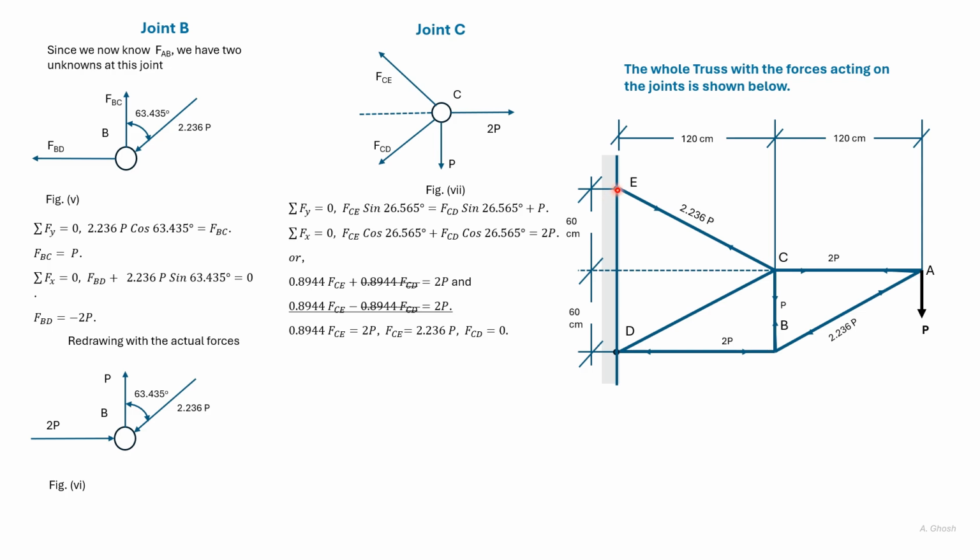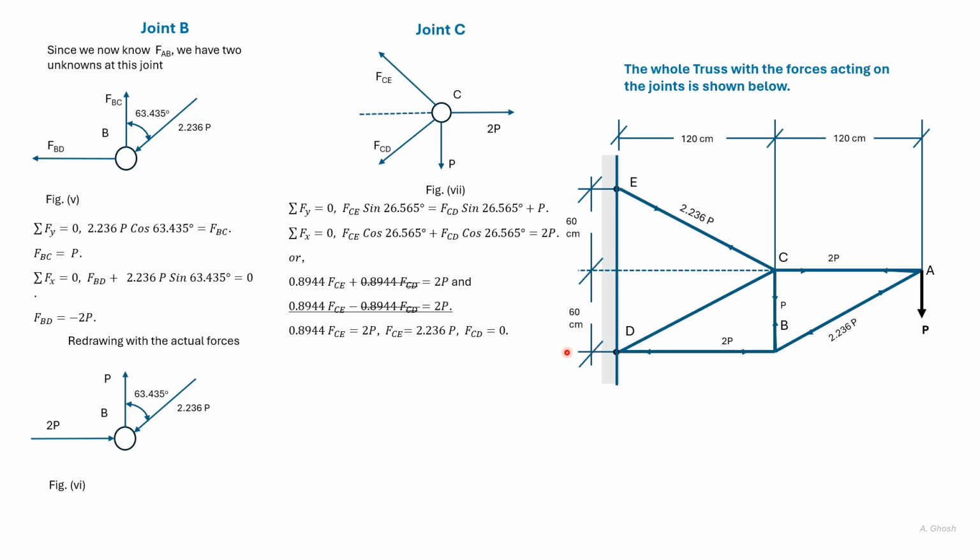At E, the force in EC acts outwards. So there will be a reaction force that is equal and opposite. Now resolving that reaction force in the horizontal direction, we get a horizontal force of 2P. And resolving that force in the vertical direction, we get a force of P. Now here in CD, there's no force.